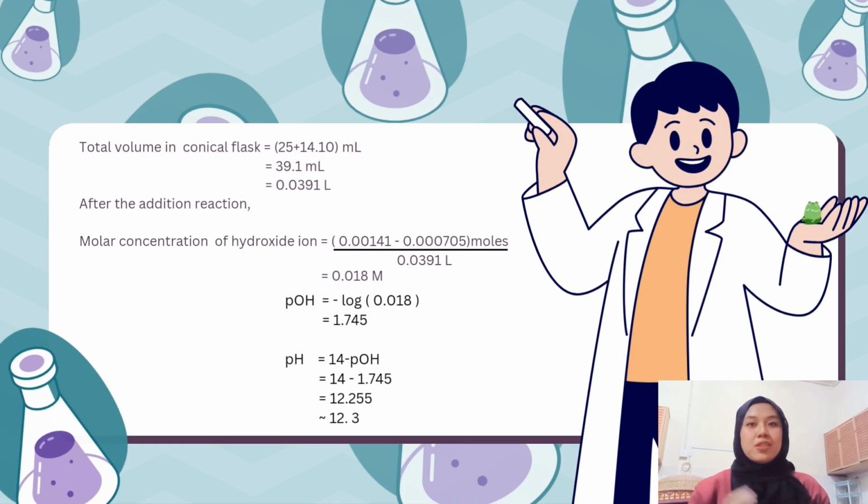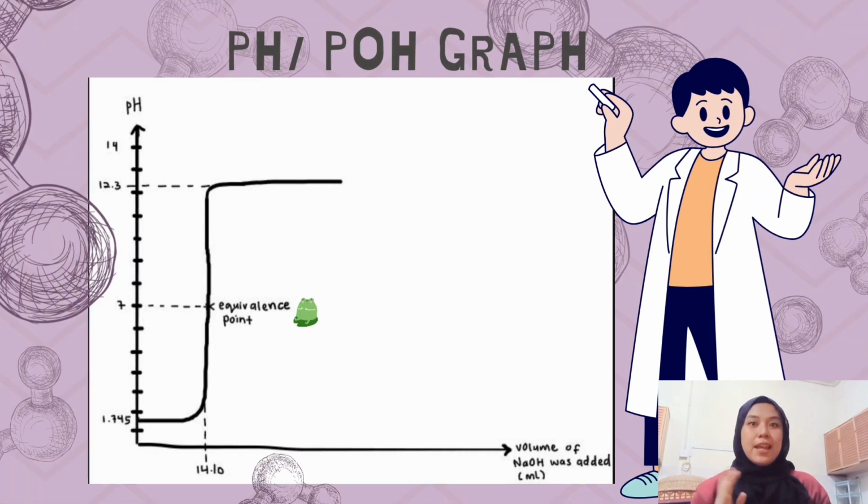The titration curve for both strong acid and strong base is illustrated in the slide. This graph describes the sodium hydroxide running into the sulfuric acid in a conical flask. According to the graph, the pH of the sulfuric acid solution before the addition of the sodium hydroxide is 1.745. The pH steadily increases as the sodium hydroxide titrant is added.